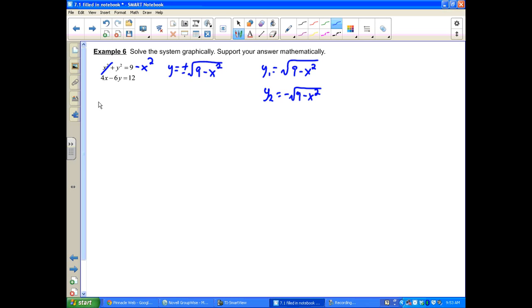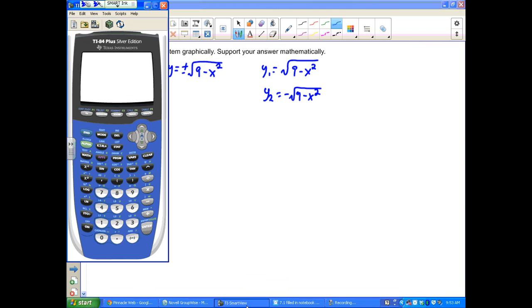Then we solve the second one, and so I would subtract 4x over to the right side, and then divide by negative 6. That gives me 2/3 x, and then a negative 2. And so this is going to be in the y3 spot. So let's go over to our calculator, and let's put these in.